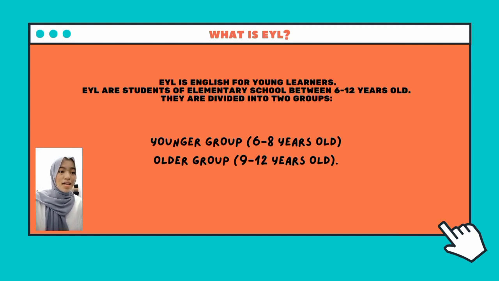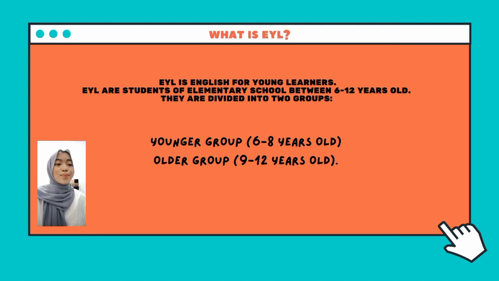Based on level, the lower class students are grades 1, 2, and 3, and the upper class students are grades 4, 5, and 6. According to Scott, the age of 5 to 11 years is limited as young learners. Slattery and Willis divide them into two groups, very young learners under 7 years and young learners over 7 years.